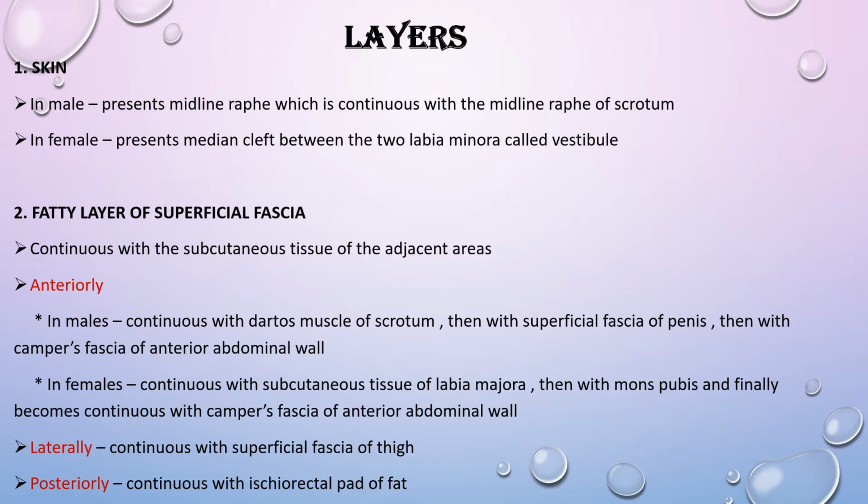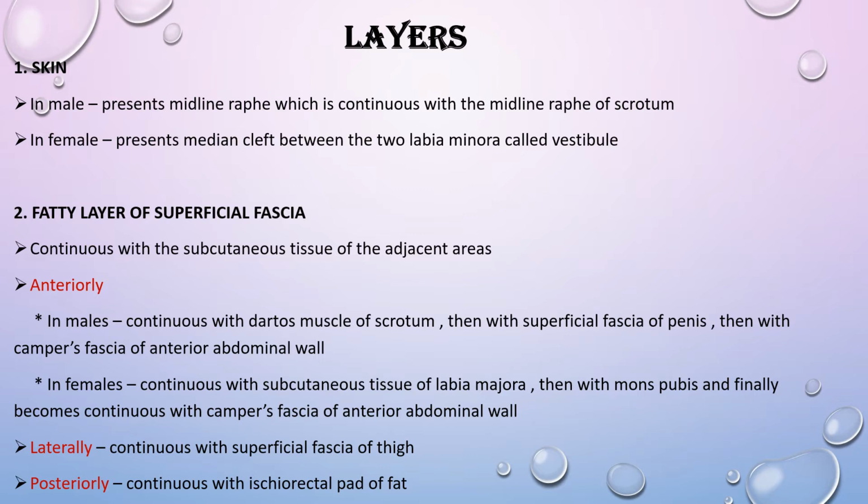In females, the fatty layer of the superficial fascia is continuous with the subcutaneous tissue of the labia majora, then with the mons pubis, and finally becomes continuous with Camper's fascia, that is the fatty layer of the superficial fascia of the anterior abdominal wall.